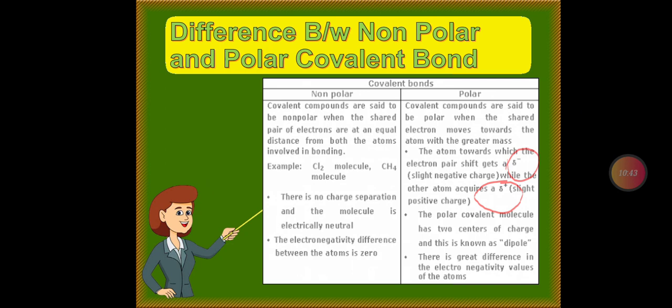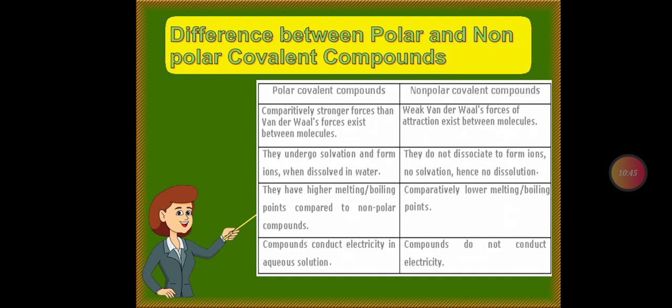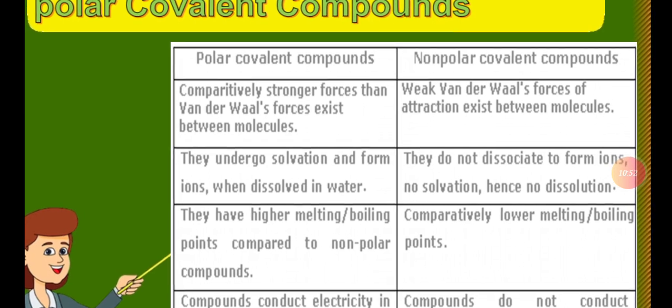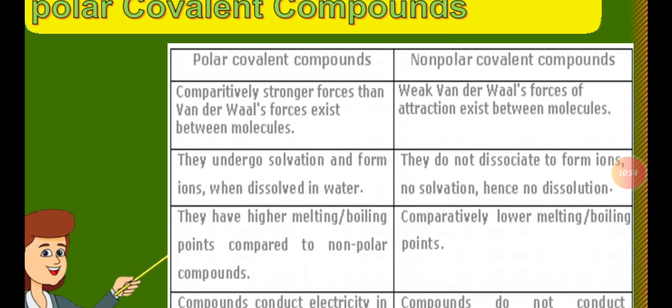Let's move to the next: polar covalent compounds and non-polar covalent compounds. In polar covalent compounds, there are comparatively stronger forces than van der Waals. Van der Waals forces are the weakest intermolecular forces, which exist in non-polar molecules.